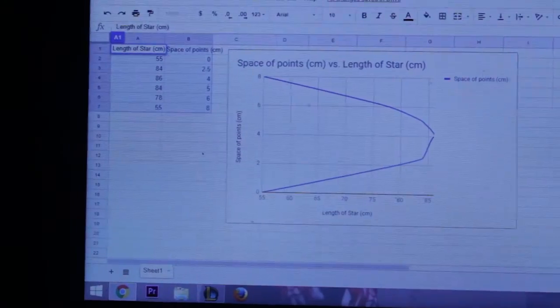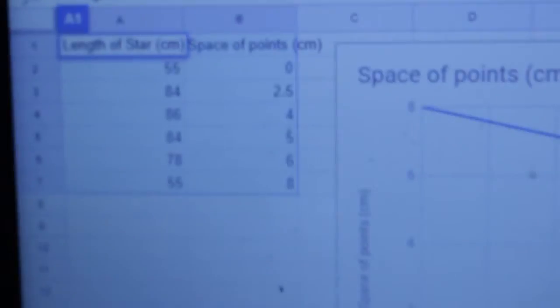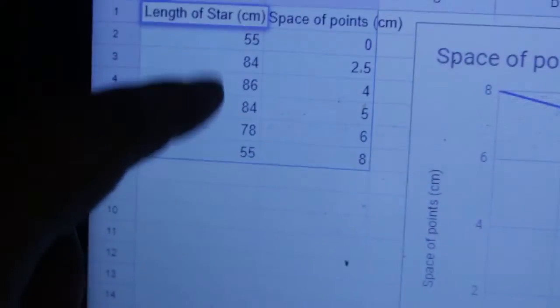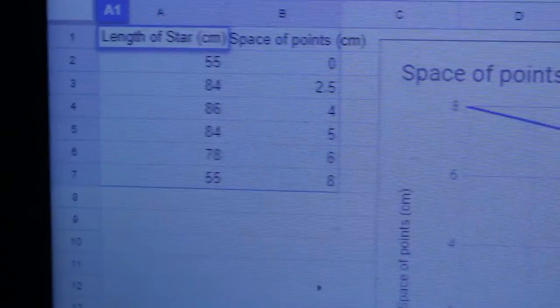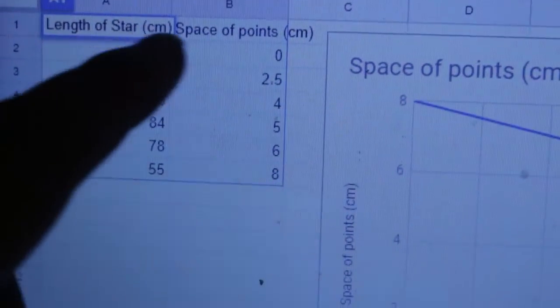So I've moved on to part D, which is to put points in Excel and then graph the curve that I get. On the left I have the length of the star, which is all the lines added together, and then I have the space of points.